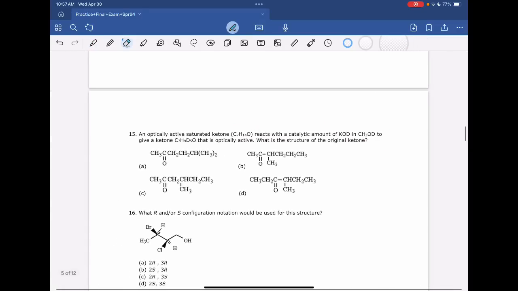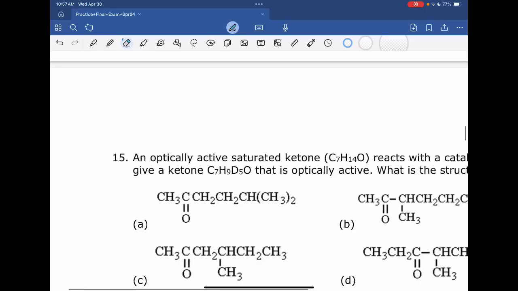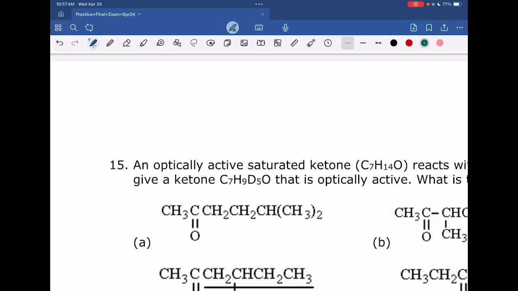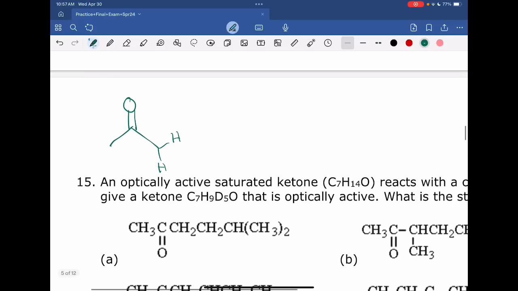I'm not gonna draw the complete thing out, but I will do an example one for y'all. So you have this ketone, and you reacted with base, OD minus.